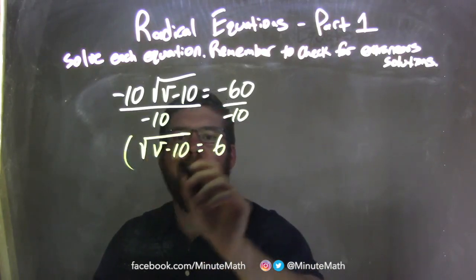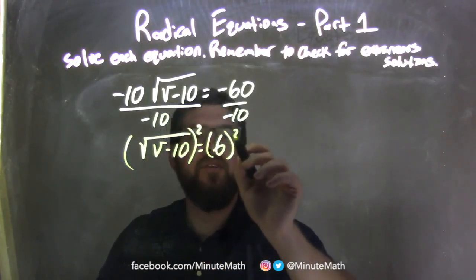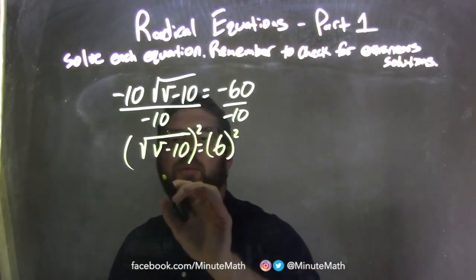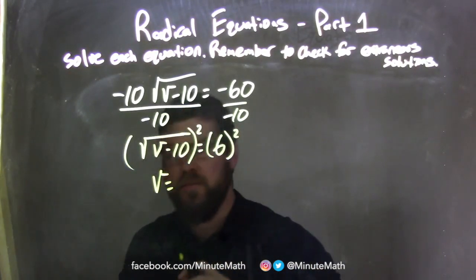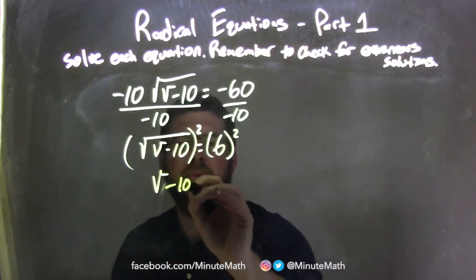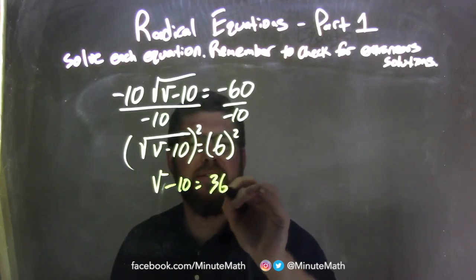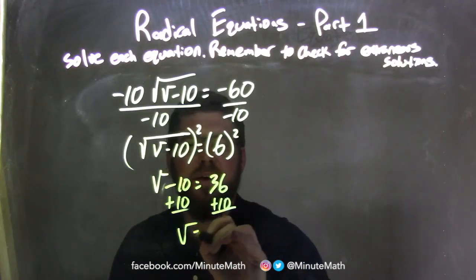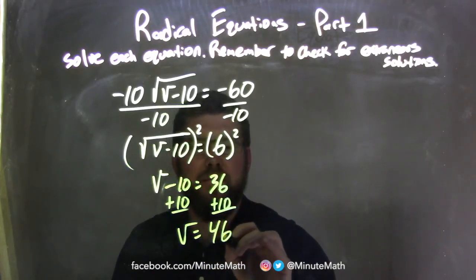I then have to square both sides because the square root is isolated, so I need to get rid of it. Right, since it's isolated, I can do this. So I'm left with v minus 10 equals 6 squared, which is 36. I then add a 10 to both sides, leaving me with v equals 46.